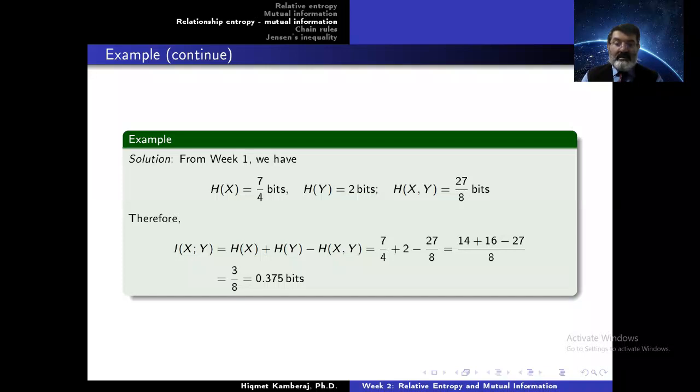Therefore, the mutual information between x and y is equal to h of x plus h of y minus h of x and y, which is equal to 7 over 4 plus 2 minus 27 over 8. This is equal to 14 plus 16 minus 27 over 8, which is equal to 3 over 8, or 0.375 bits.